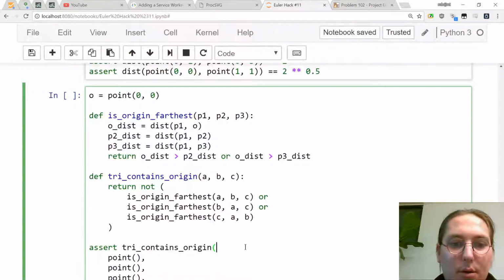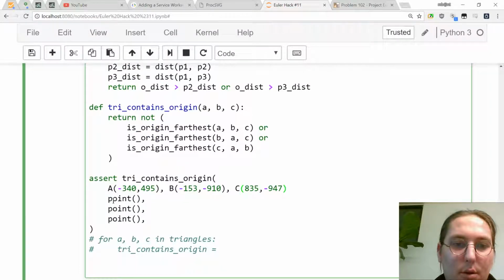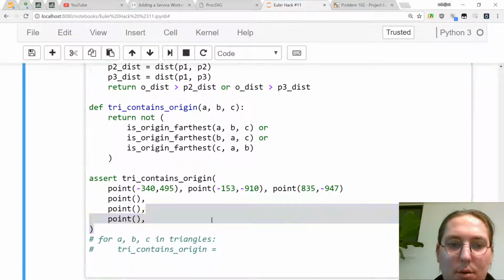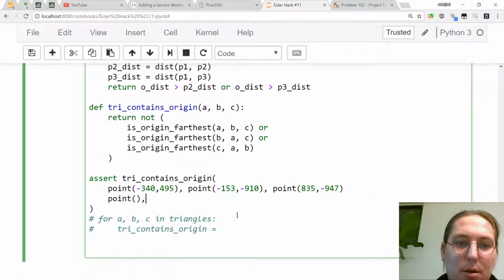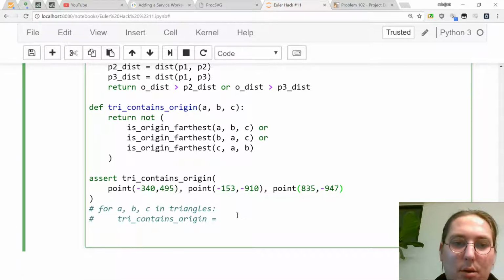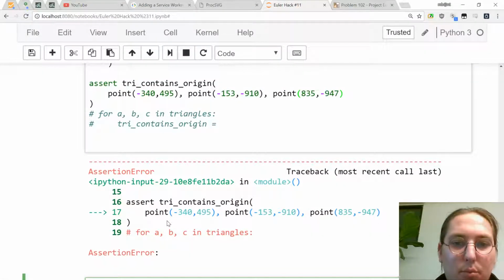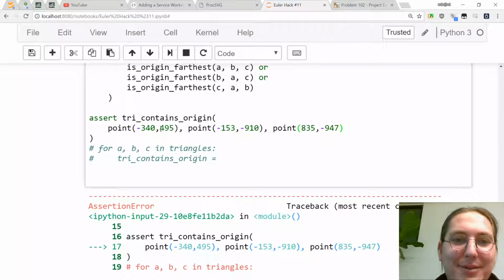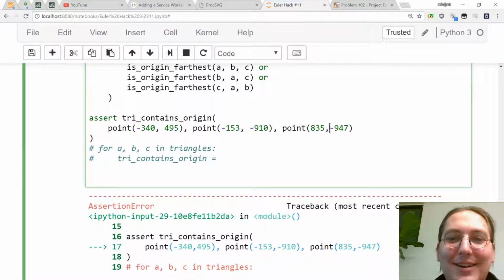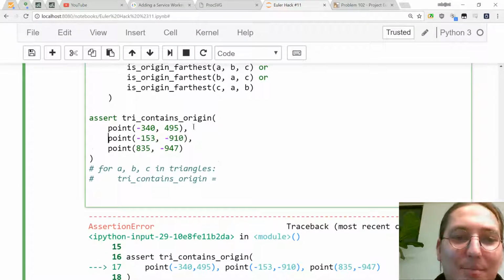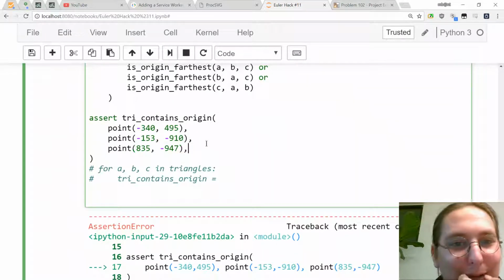So just the first two examples from this file. Boo. Boo. Okay, where is it going wrong?